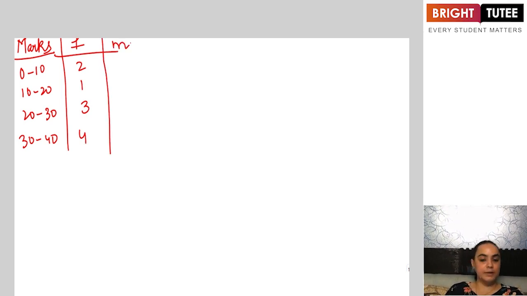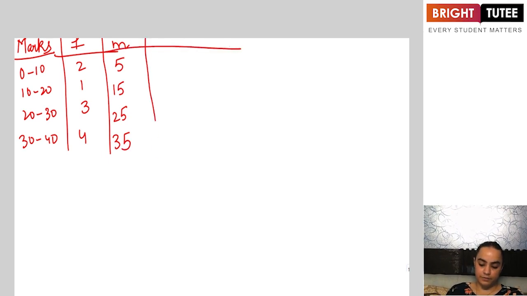Next, I needed my middle values. 5, 15, 25 and 35. Then I needed D, which is x minus a. A was 25. So minus 20, minus 10, 0 and 10.